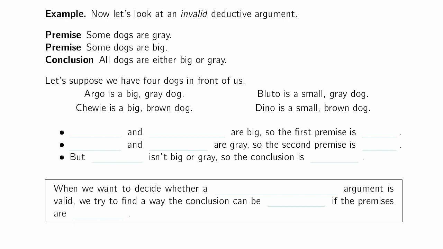So again, we're going to try to imagine a situation in which the premises are true and the conclusion is false. Right, so let's think about 4 dogs, right? This list of dogs is consistent with all of the premises, right?